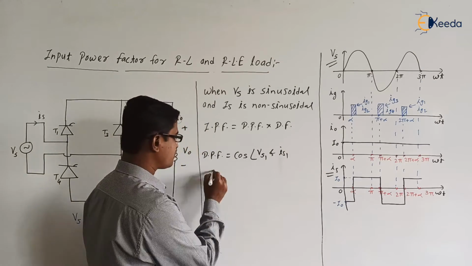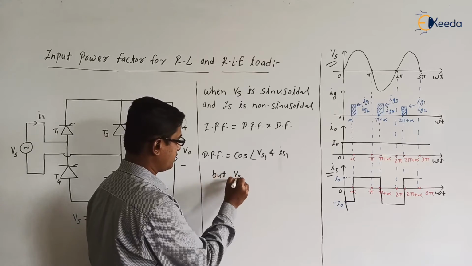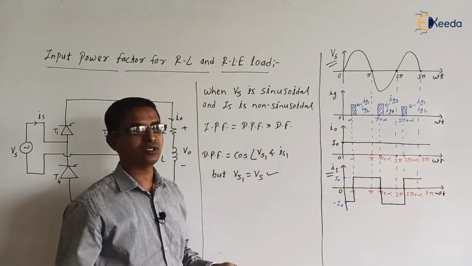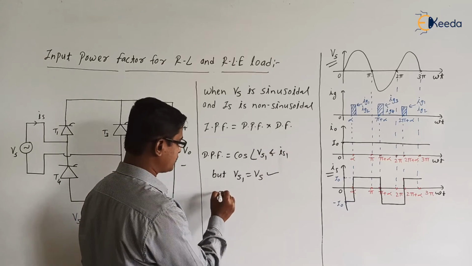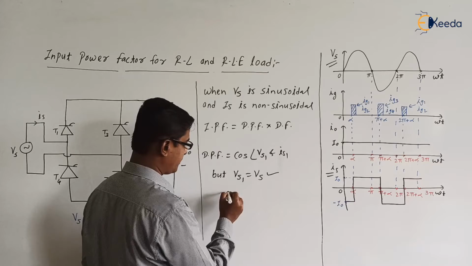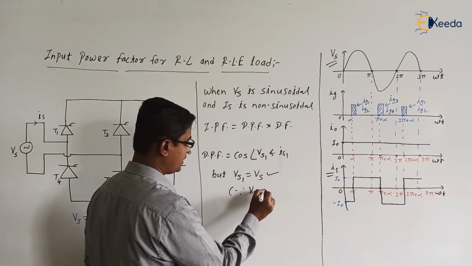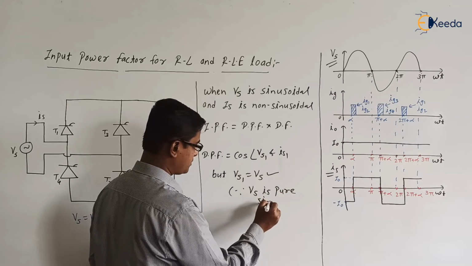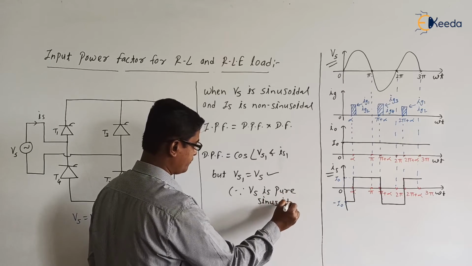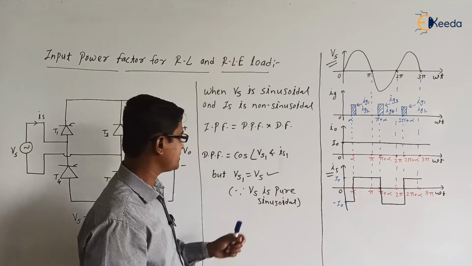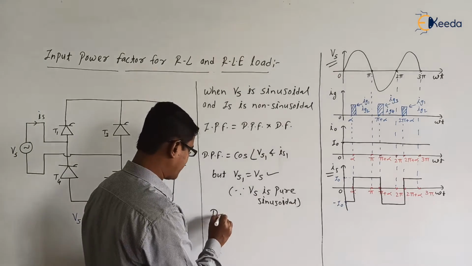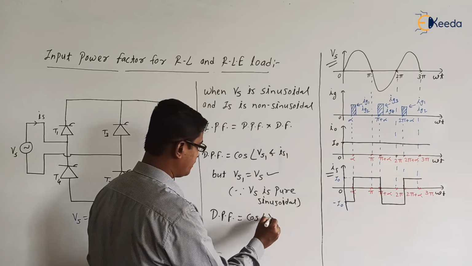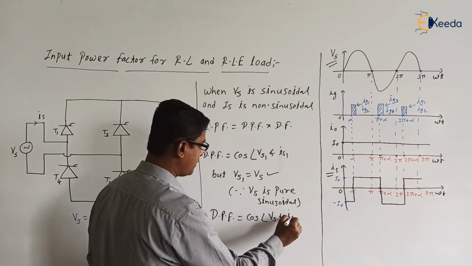Vs1 is the same as Vs, because Vs is pure sinusoidal. So the displacement power factor is equal to the cosine of the angle between Vs and Is1.